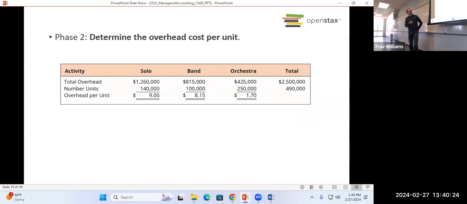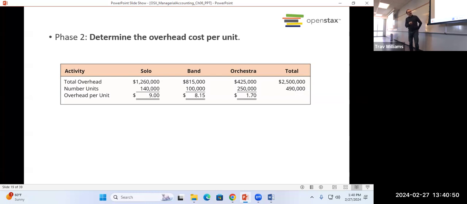Then we could take the overhead per product, divide it by the number of units of product, and we get our overhead rate per unit. Just like we saw with the traditional approach, we got there, it was just more calculations to do it this way.